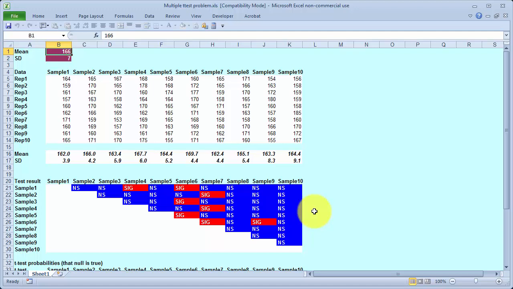So if the null is true, which it is all the time in this simulation, it's 1 minus 0.95 to the power of 45. And that comes out at a little bit over 0.9. So there's a 90% chance of making at least one type 1 error in comparing all these samples. So, get busy doing ANOVA.